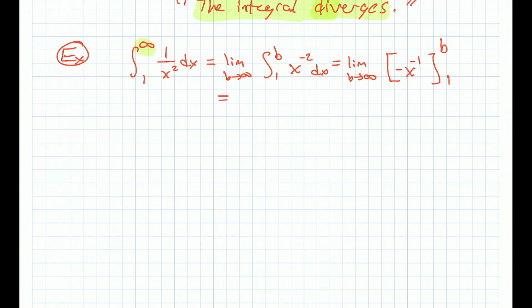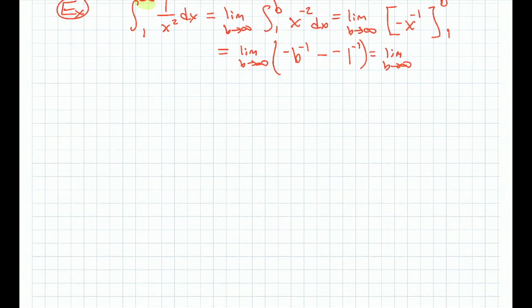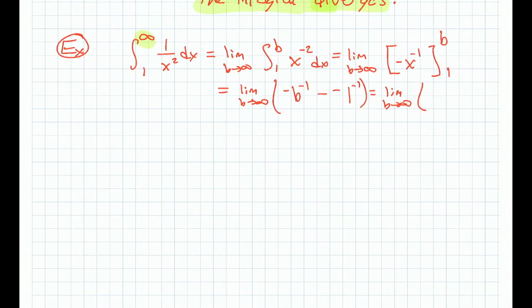So that's the limit as b goes to infinity of putting in your numbers: negative b to the negative 1 minus 1 to the negative 1. So you have the limit as b goes to infinity of negative 1 over b plus 1.